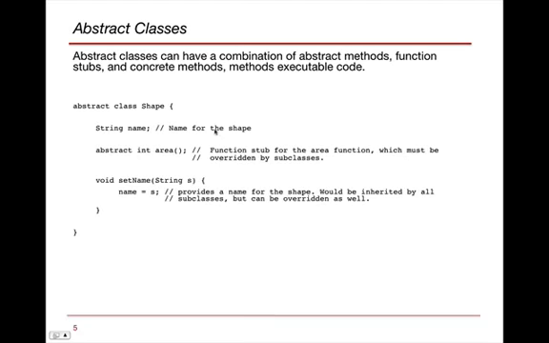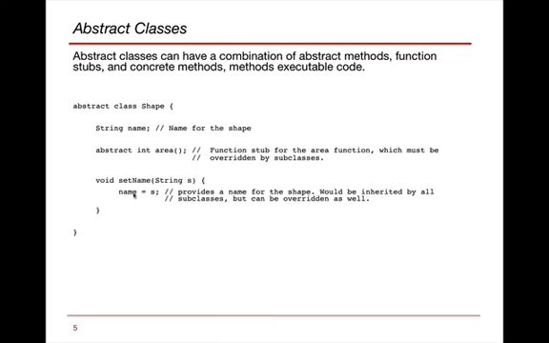Abstract classes can also have a combination of abstract methods and concrete methods. Those methods are executable code. For example, I may have a variable called string name, and this would be a name for the shape. Here's my function stub, the abstract method, but then I may also provide a method that sets the name of the shape, and it doesn't have to be rectangle, it could be shape number 64.